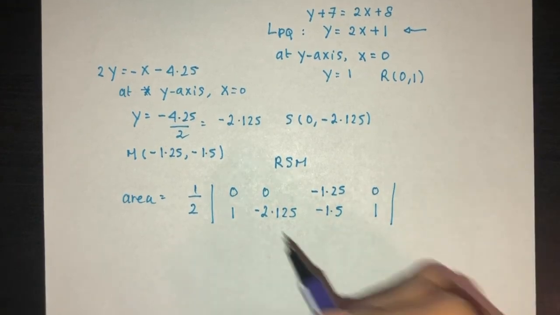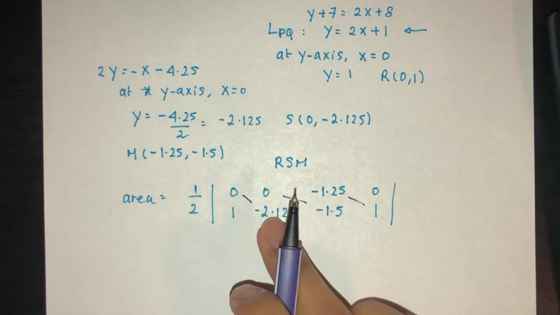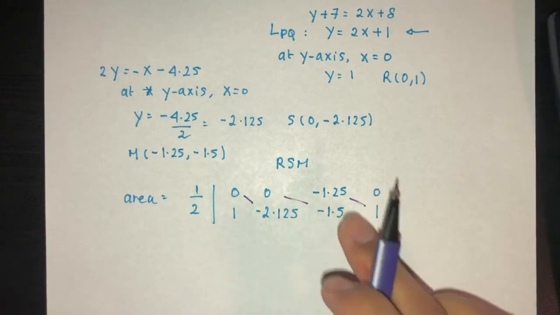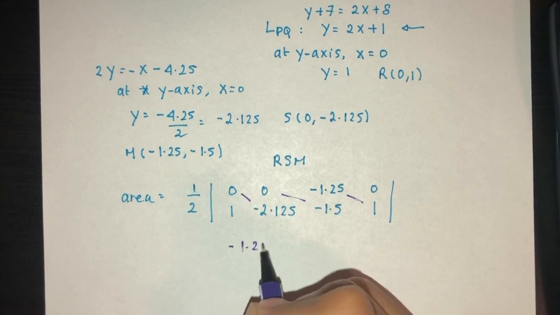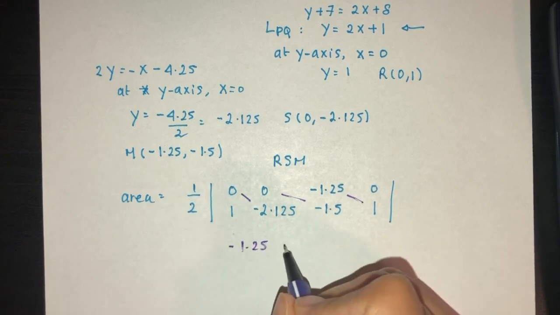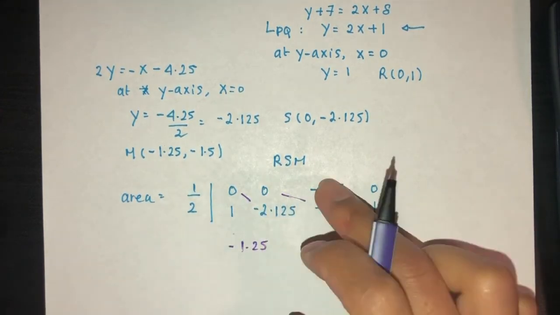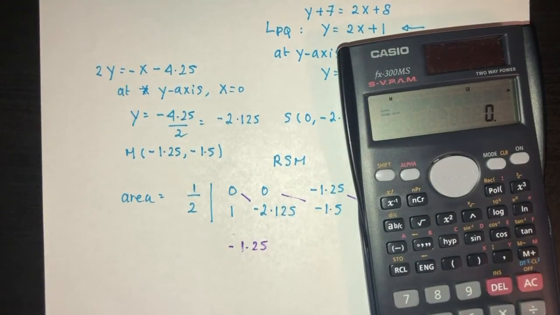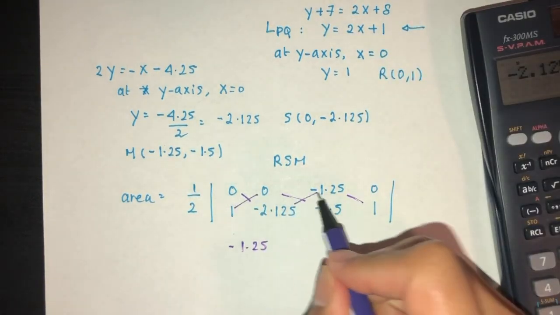Now we have to find this in this direction first. So 0 times this is 0, 0 times this is 0, so this is minus 1.25. Now we have to subtract, so this is 0, what is this times this? So minus 2.125, so we have to multiply in this direction now.